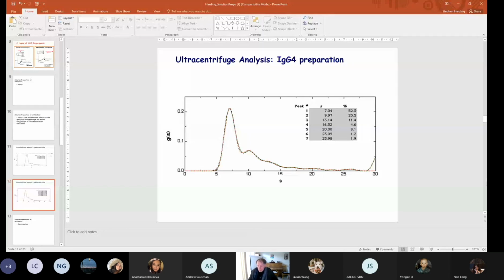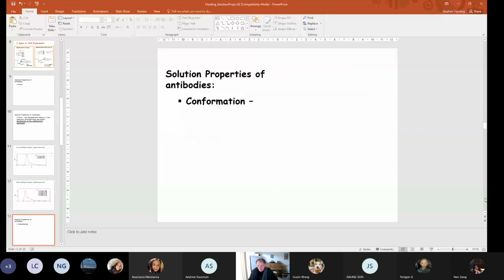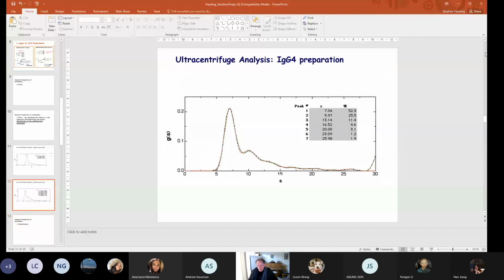So smaller than the ribosome. Right, so any questions on that? That's how we use the centrifuge to assess the purity and the presence of aggregates or not.